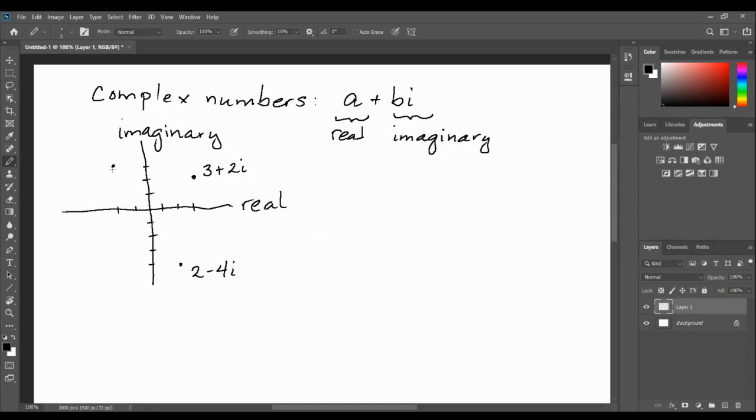Negative 2 plus 3i would be up here, and so on.